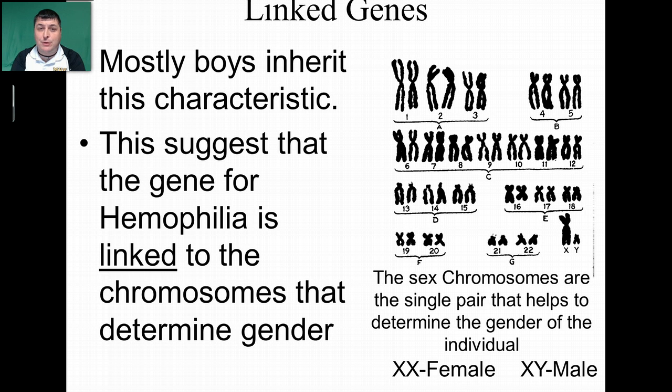The sex chromosomes are the chromosomes that determine our gender. Females are XX and males are XY. So when a trait seems to be inherited through gender, it might be as a result of being linked to these chromosomes.